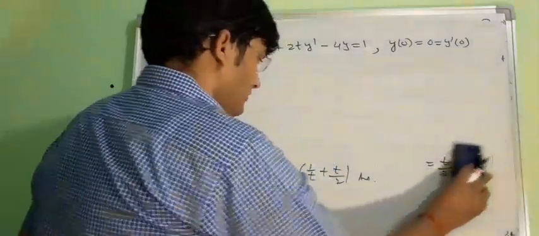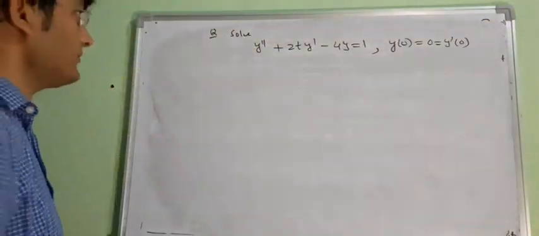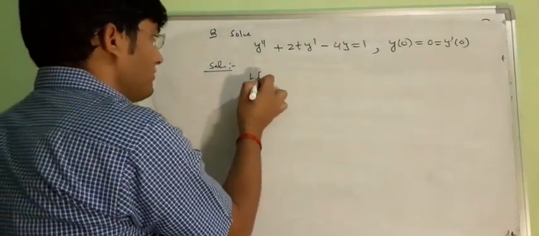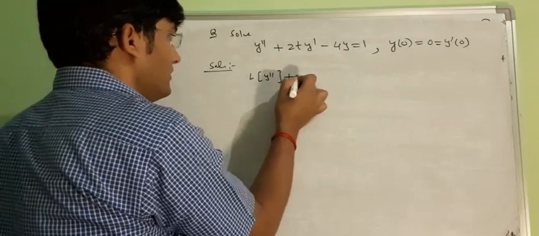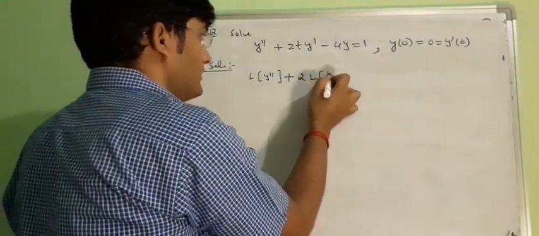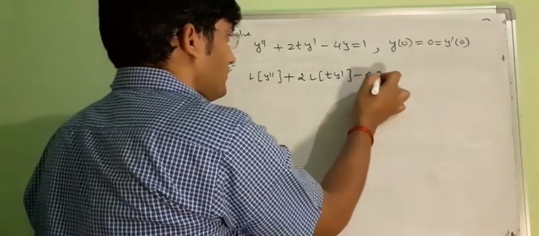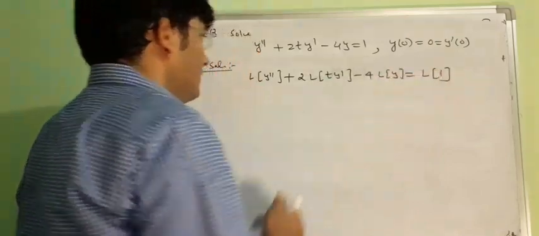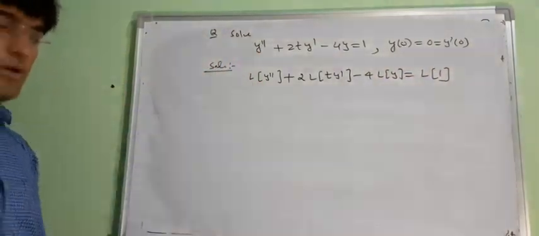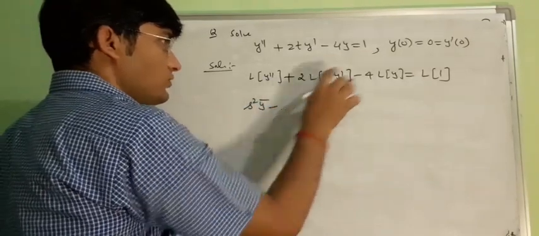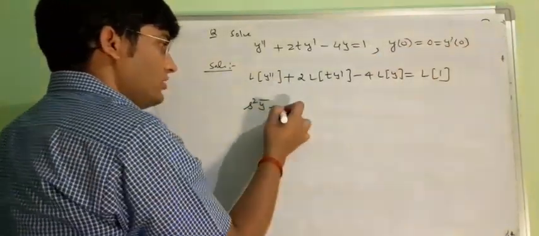Again, take the Laplace transformation. So on taking the Laplace transformation, we will get Laplace of y double dash plus 2 Laplace of t y dash minus 4 Laplace of y is equal to Laplace of 1. Now we have the formula of Laplace of y double dash, which is s square y bar minus s y(0) minus y dash(0).